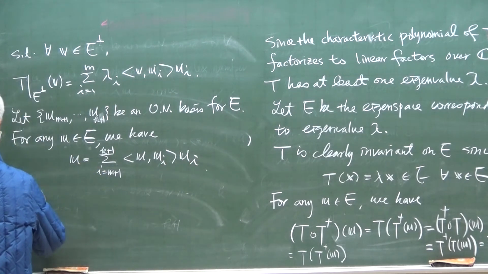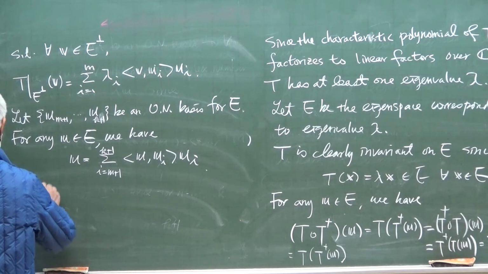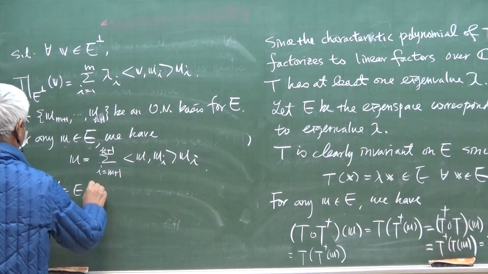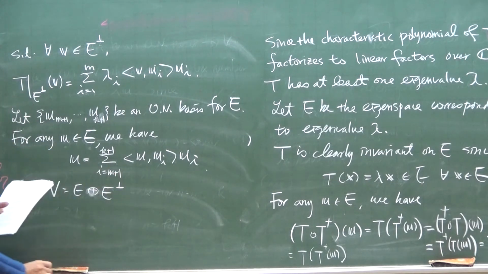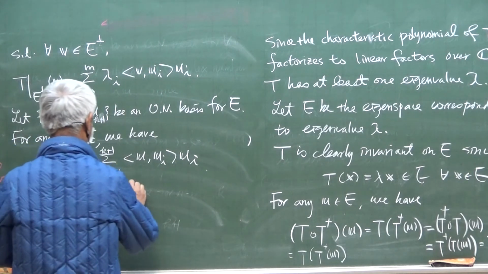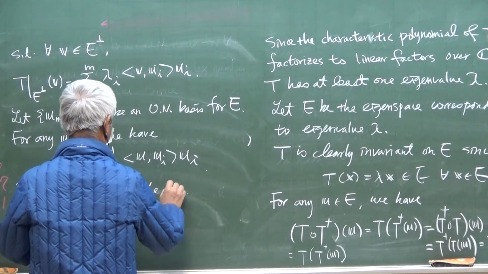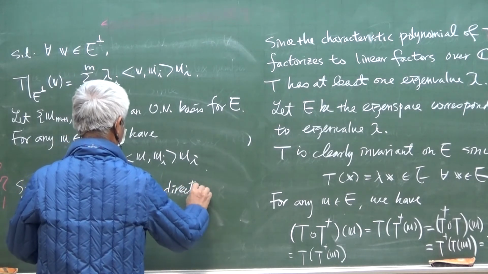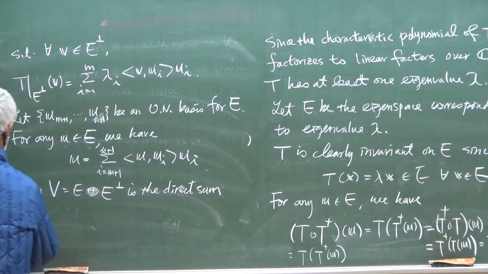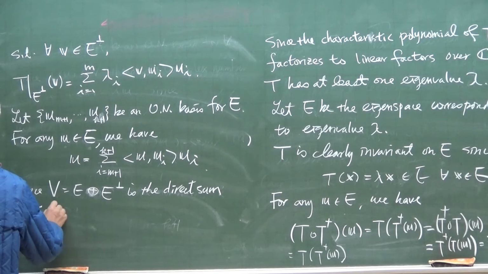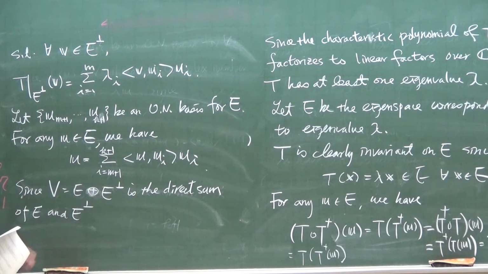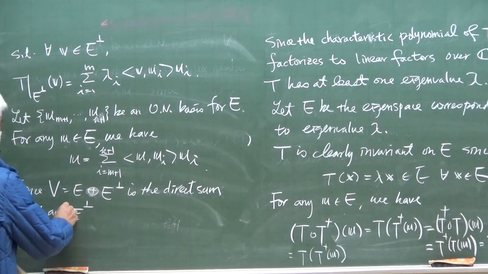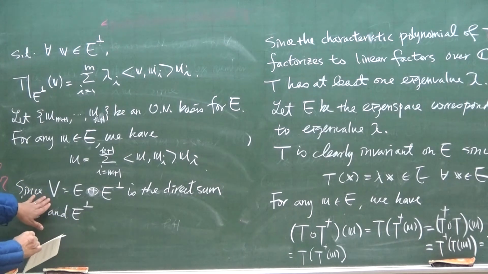Now, since V is the direct sum of E and E perp, okay? Alright, so we know that before. There is a direct sum.